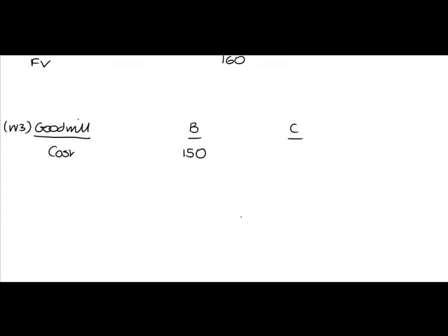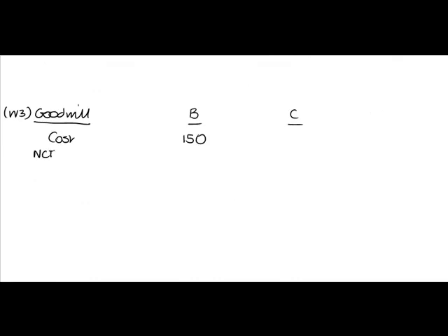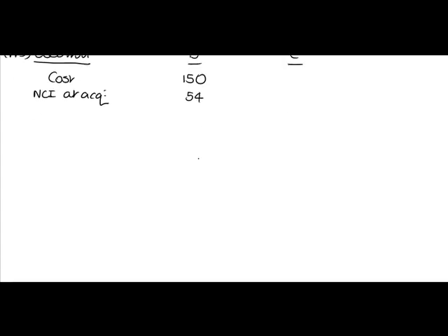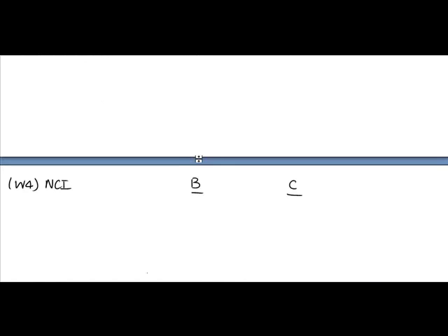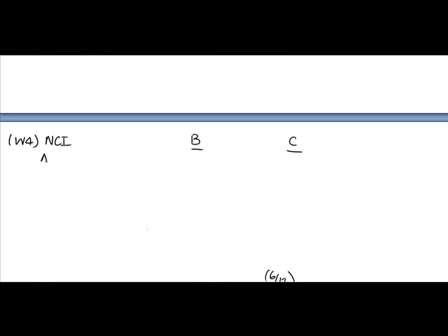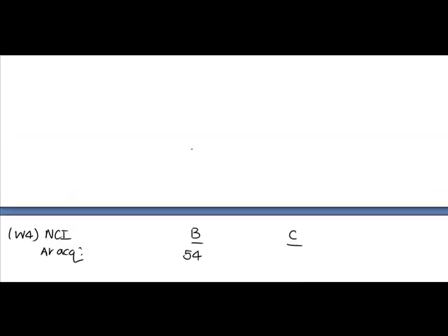So we go to our goodwill calculation, NCI at acquisition, 54. I'm going to go to my NCI calculation at acquisition, 54. The share capital and retained earnings of Bockham were 55 and 85 respectively.